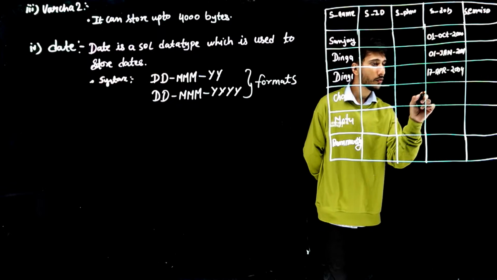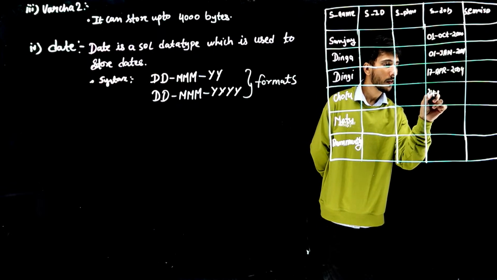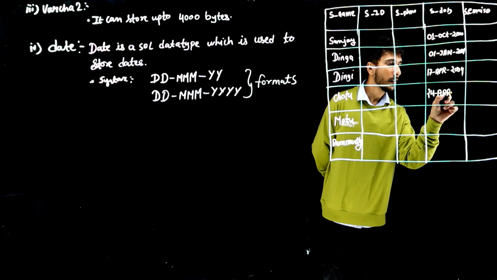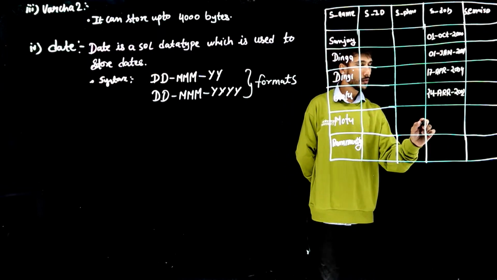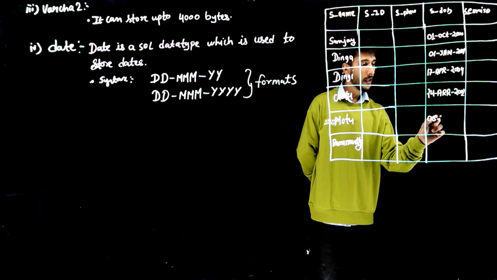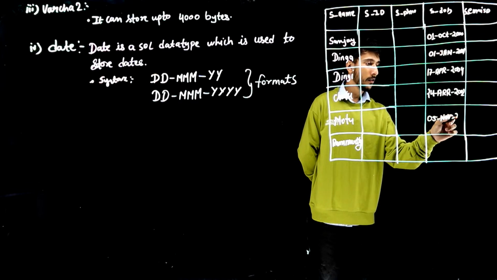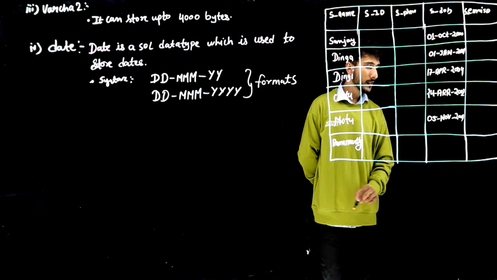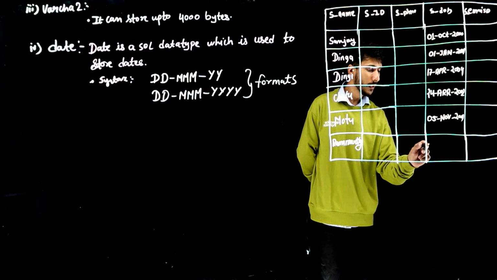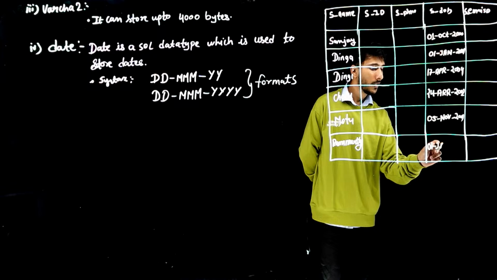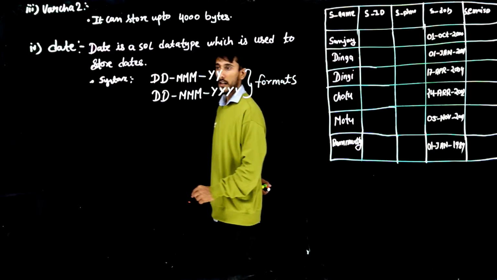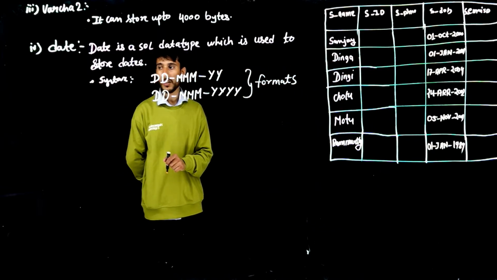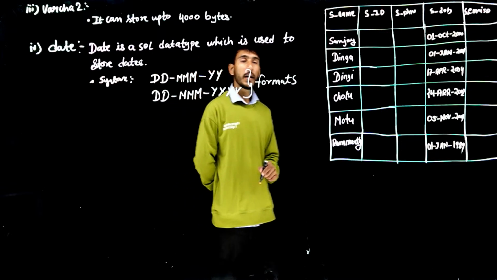Chotu I will take as 24 April 2002. Motu, 05 November 2001. Ramamurthy, any date, like 01 Jan 1989. So this is how my date is going to be stored in my Oracle DB.